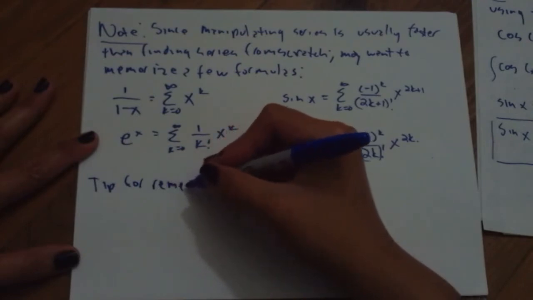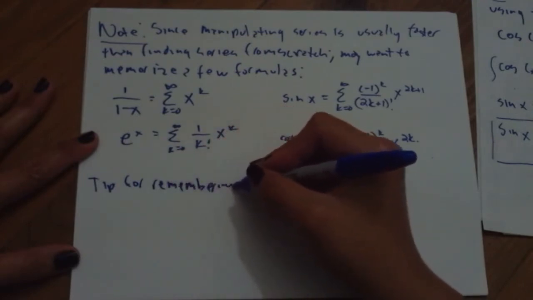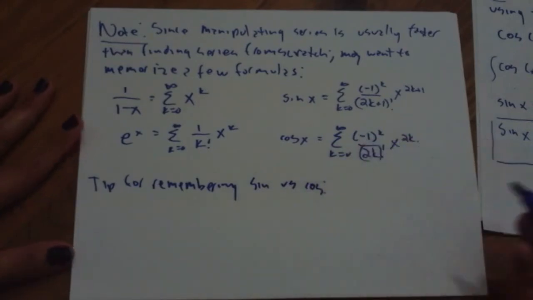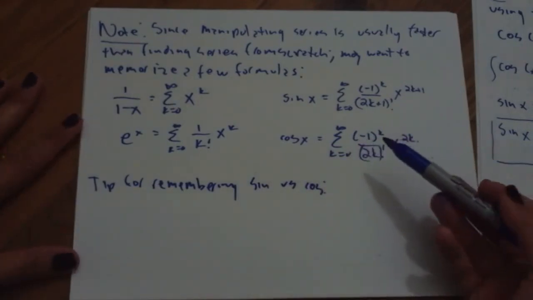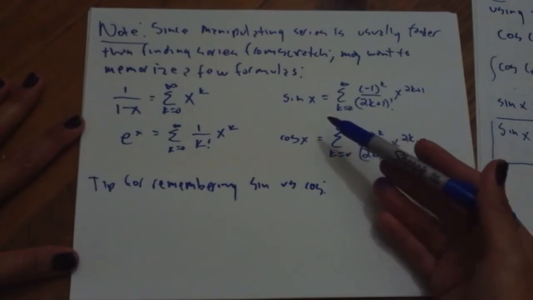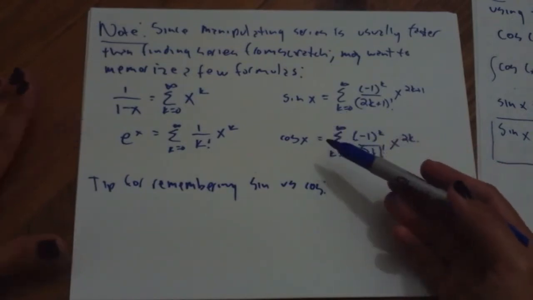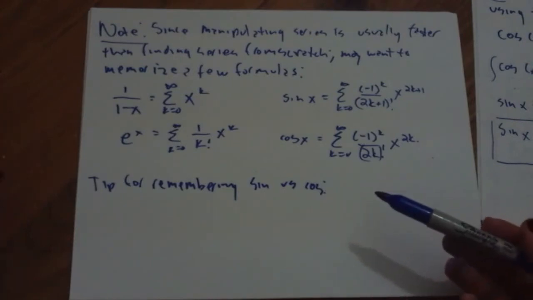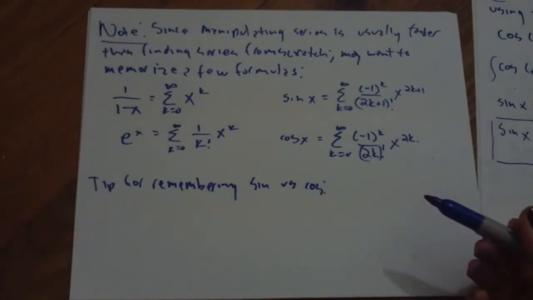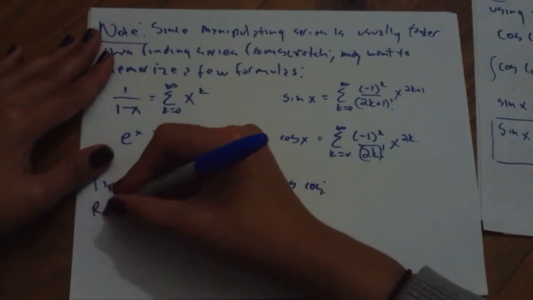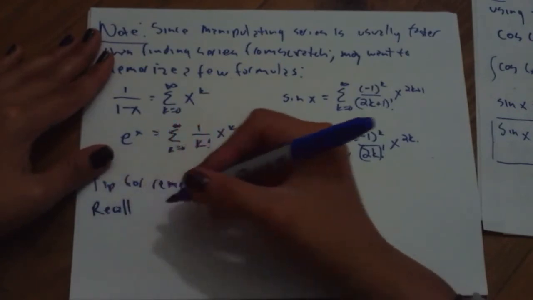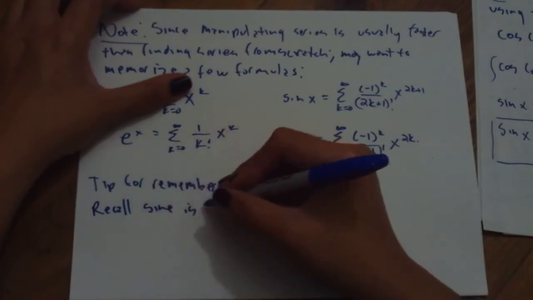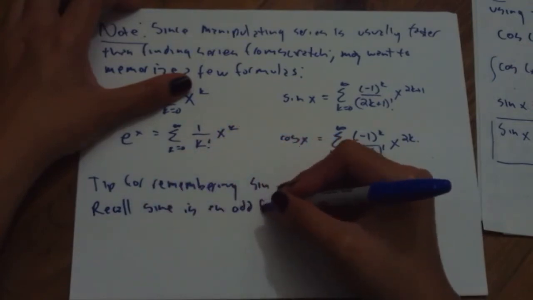sine versus cosine. If you've ever taken an algebra course where they've referred to things like even and odd functions, now, this might be dusting stuff off from a really, really long time ago, you've probably heard at least once before that sine is an odd function.